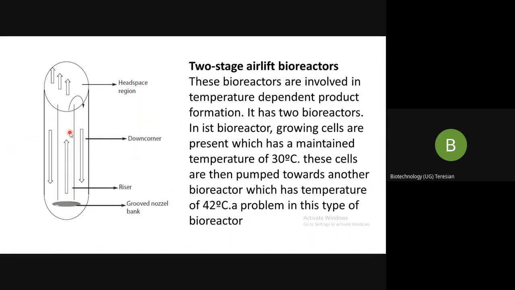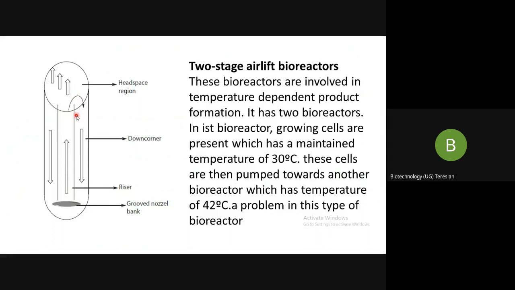So all the performance of your airlift fermenter is ultimately related to this gas injection rate, how much the gas rate is, and the resulting rate of the liquid circulation of whatever liquid is present inside the fermenter. This is the headspace region. Here nothing will be present.